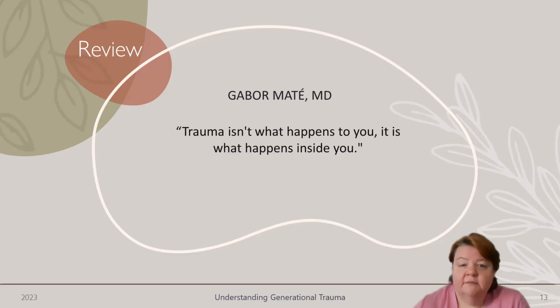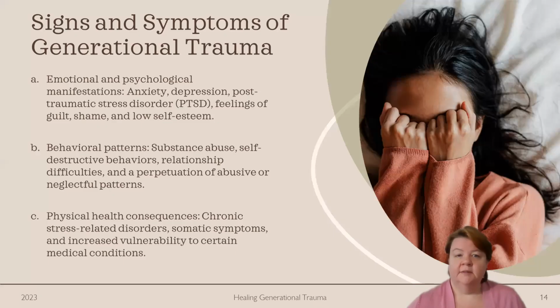And there we have Dr. Mate's quote again: trauma isn't what happens to you, it's what happens inside of you. That's our key takeaway from lesson 1. We want to make sure everybody has a hold of that concept.